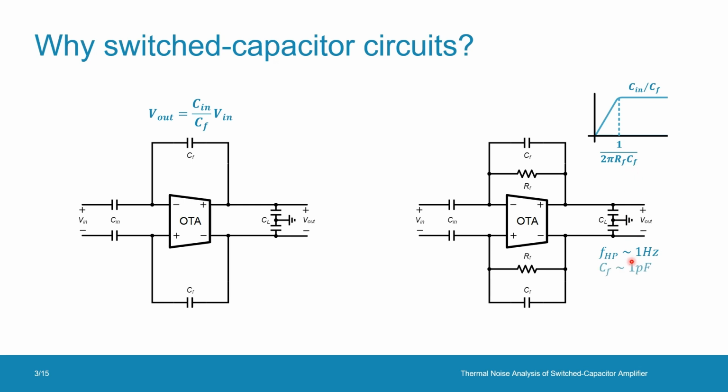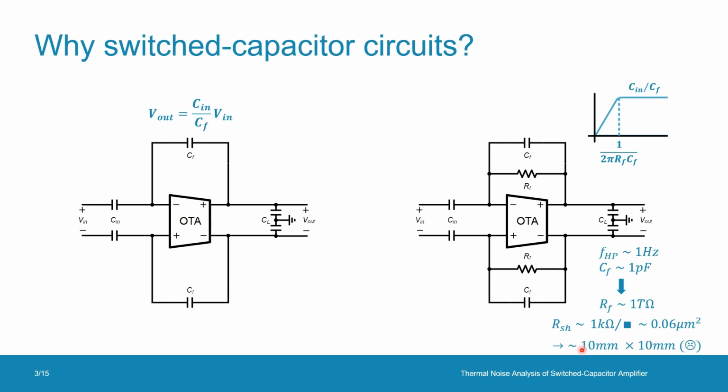And if we assume 1 picofarad for CF, which is quite reasonable for on-chip implementation, then 1 teraohm is required for RF. And if we use high resistance poly in our 45 nanometer technology, the minimum area for a 1 kilo-ohm square resistor is around 0.06 micrometer squared.